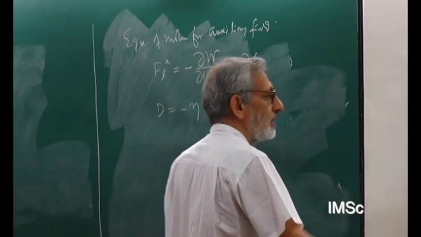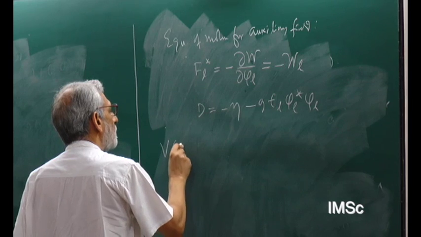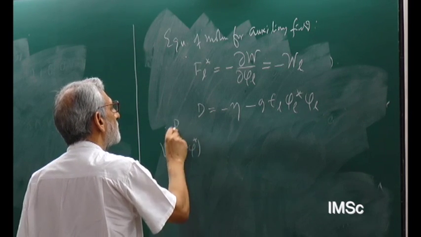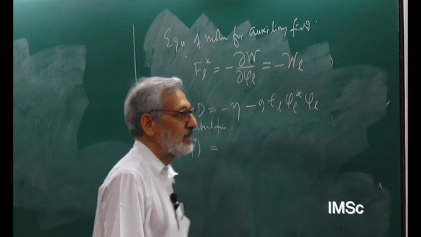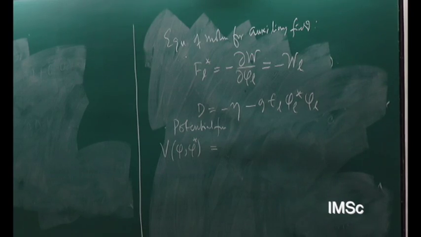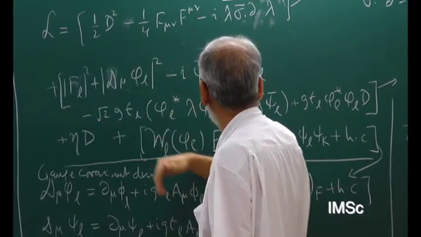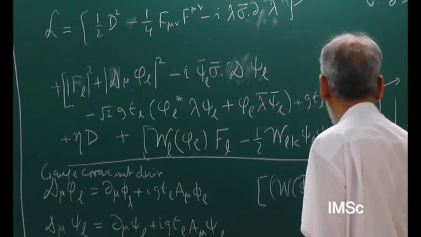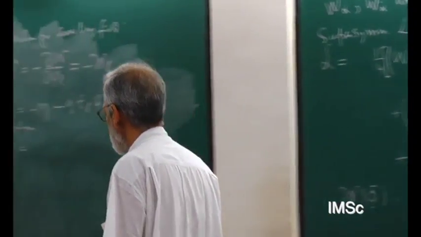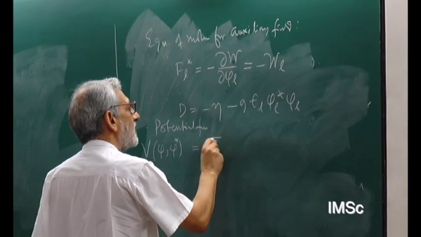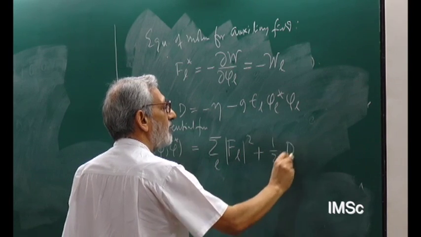And now if you put it back into this Lagrangian and construct the potential function, meaning collect non-kinetic energy terms and non-fermion couplings, which means you collect this term, this term, this term, and this term, and use those equations of motion, then the potential becomes simply the sum over F_L mod square plus half D square.